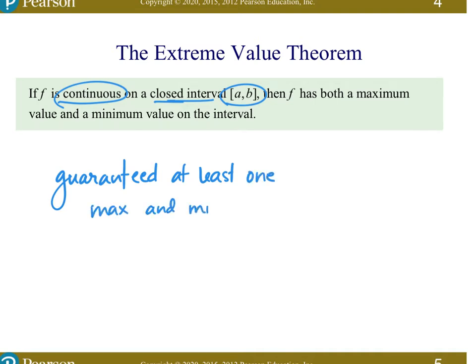There might be more, like we saw, there could be 2 maxes, one is the absolute and one's the local. There could be 2 or more mins. But you're guaranteed to always have at least 1 max and at least 1 min if the function is continuous and closed. If it's not continuous, you're not guaranteed, and if it's not closed, you're not guaranteed.